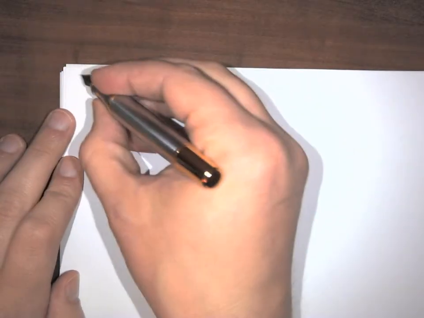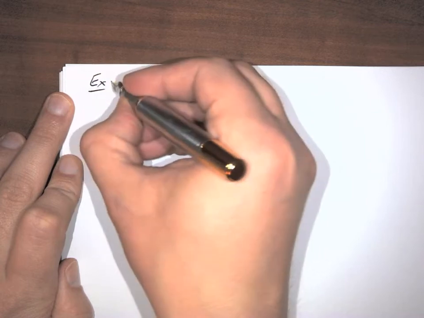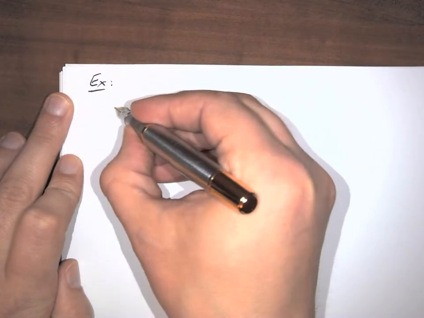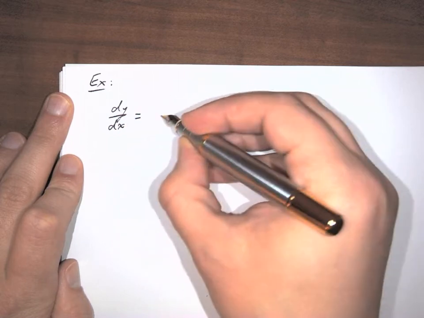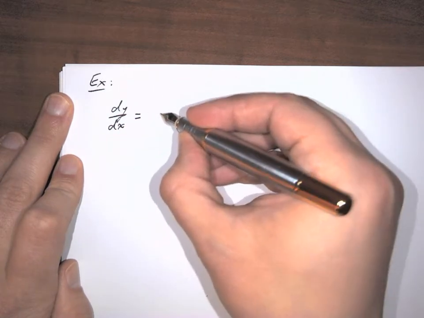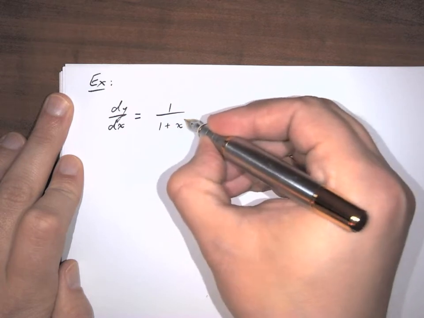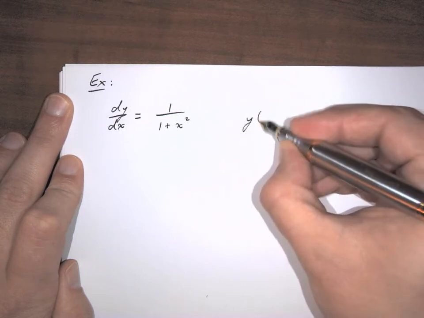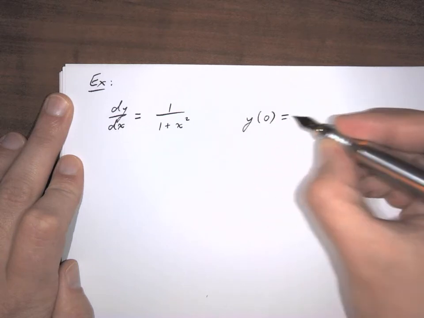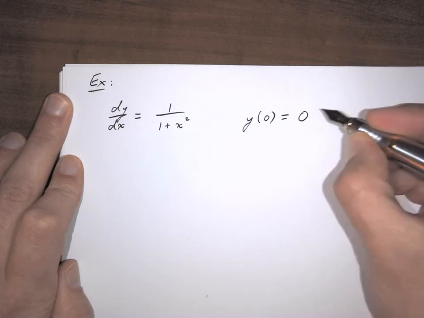Now let's look at another example and see if we can remember how to integrate it. So another example here, let's take dy/dx is equal to, let's say, 1 over 1 plus x squared, and then let's take as an initial condition y naught, or y of 0, is equal to, I'll just say 0.